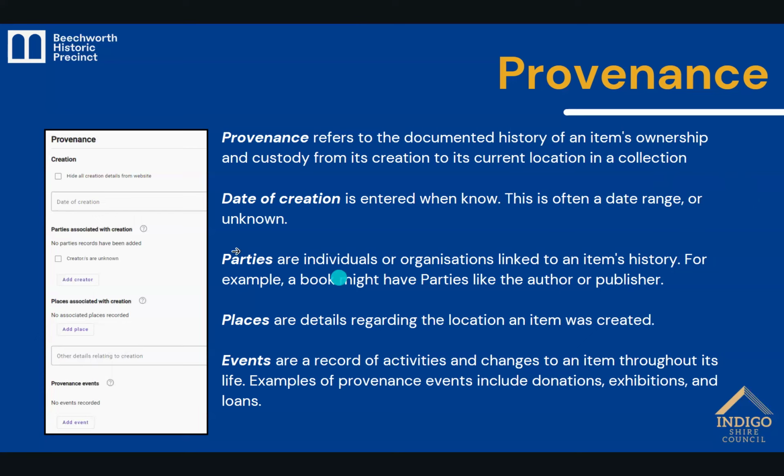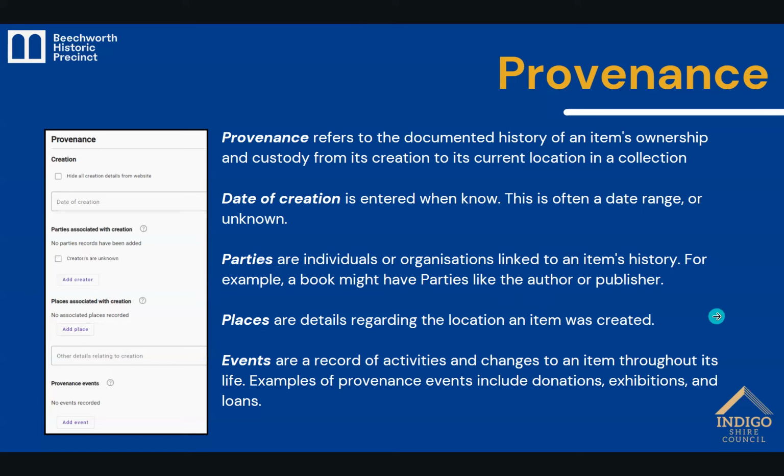But when it is known, there are options like parties, which will be records in their own right that link to these collection records, but they are records that are specific to a person or a donor or an owner. They can be the creator as well, so anyone that is linked to this item. Then we also have places.